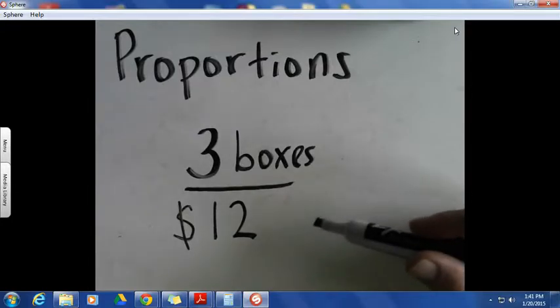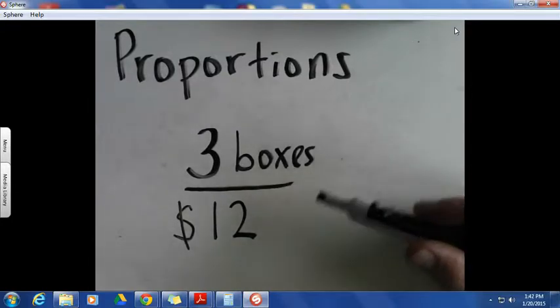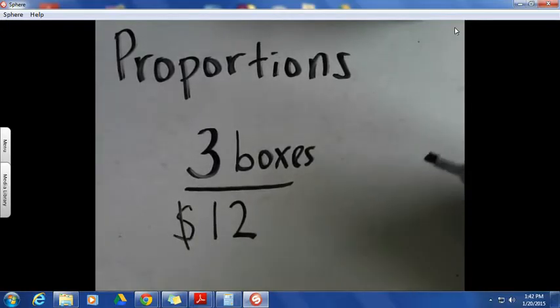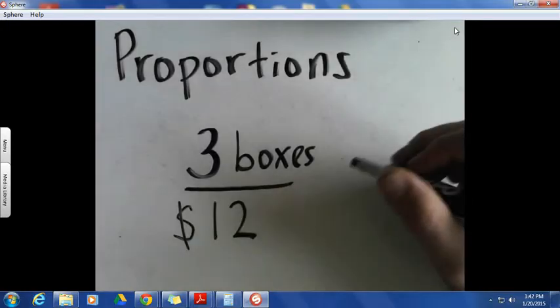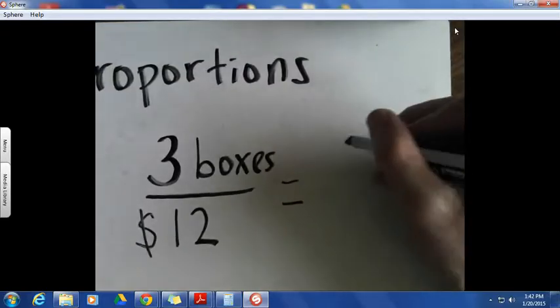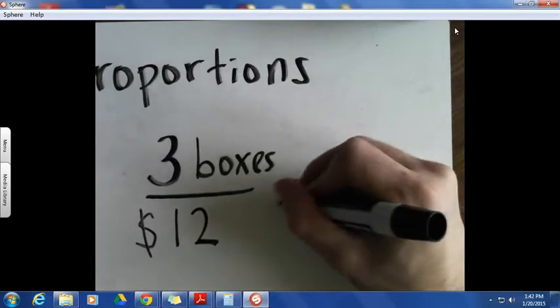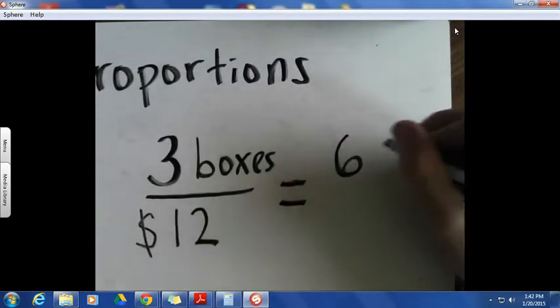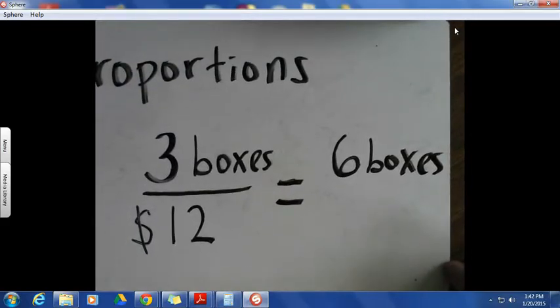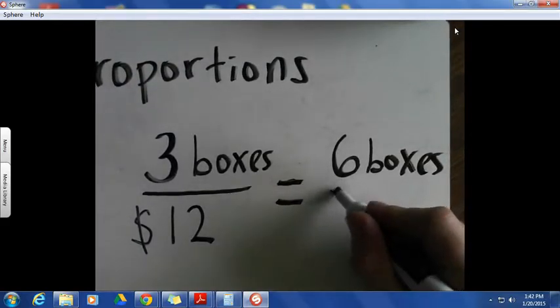The ratio of boxes sold to dollars made is 3 to 12. That's our ratio. But what if I asked you this question? How much money would we make if we sold 6 boxes? If we sold 6 boxes, how much money would we make?